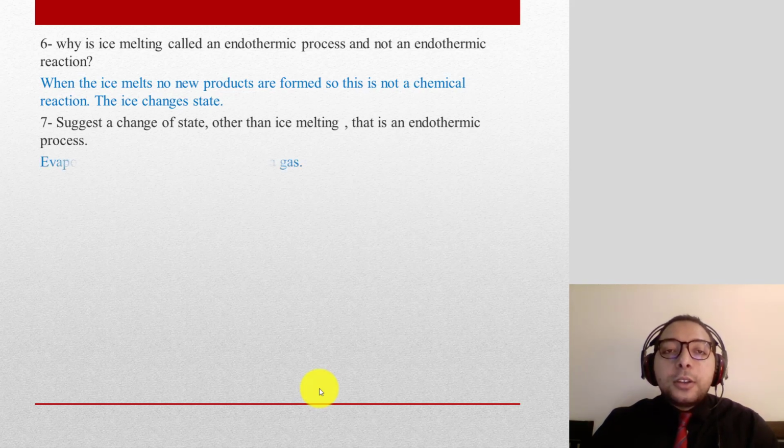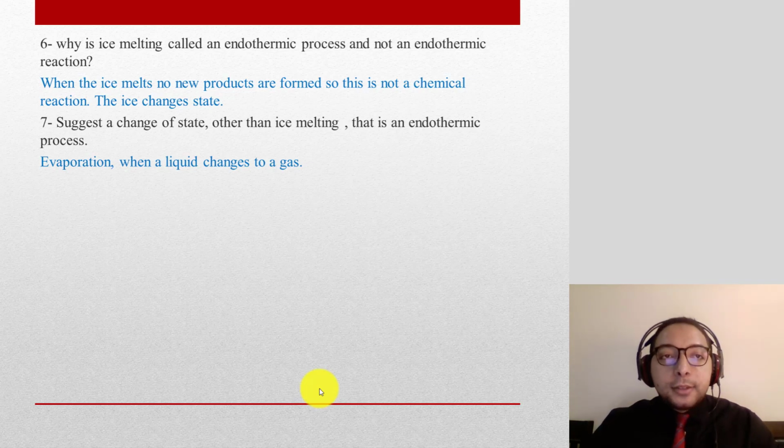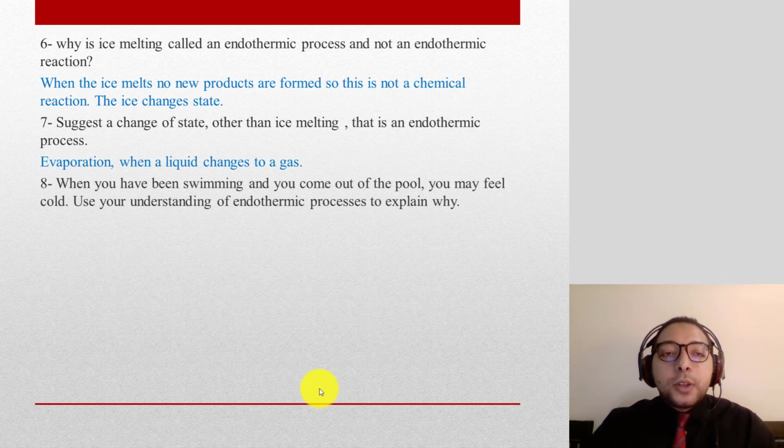Seventh question, suggest a change of state other than ice melting that is an endothermic process. Any change in state apart from melting, we can have evaporation, changing the liquid into gas. This can also be considered endothermic because you need to heat the liquid in order to get the gas. The next question, when you have been swimming and you come out of the pool, you may feel cold.